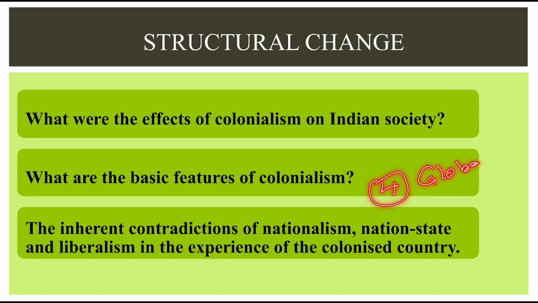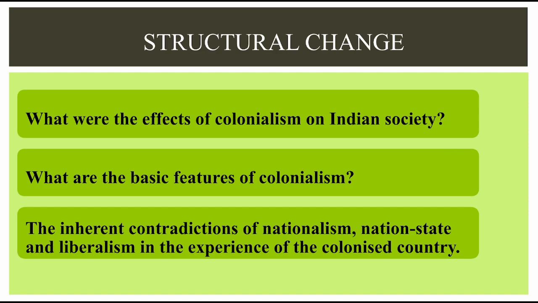Number 4, the global nature of capitalism, in the sense that Western colonialism was connected to Western capitalism and it spread to other parts of the world. Number 5, the becoming of nation states as the dominant political form and the rise of nationalism. The people of the world having a nationality, citizenship, and belonging to a particular nation.